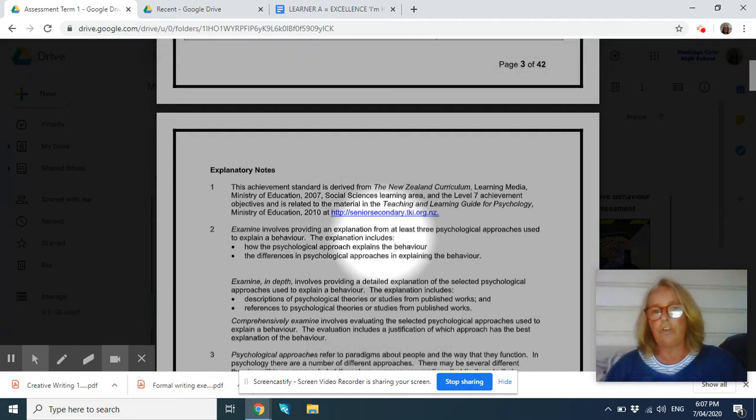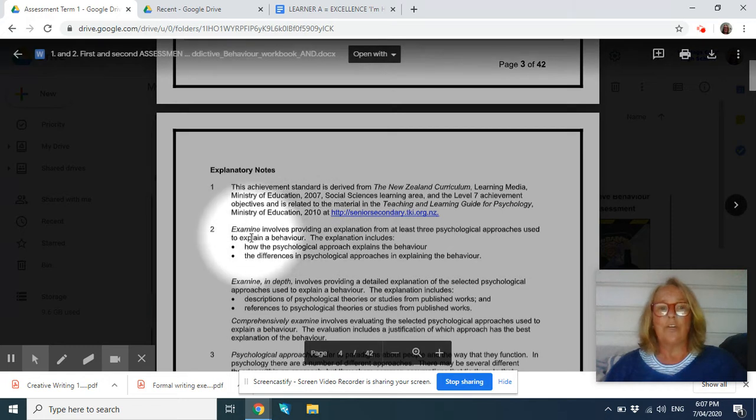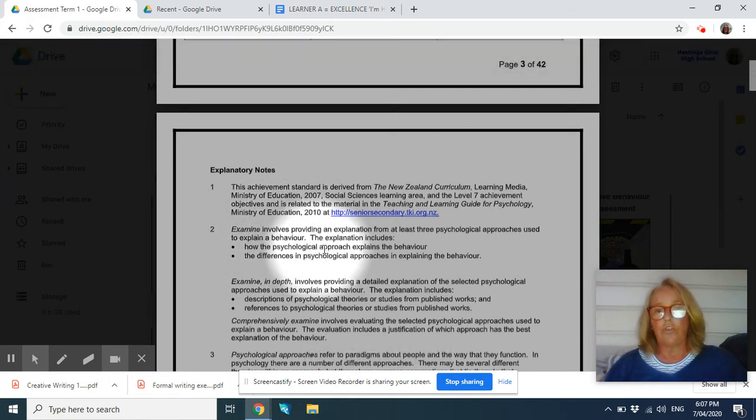So if you can examine different psychological approaches, which basically means that you can provide an explanation for at least 3 psychological approaches, you can give us the details about the psychological behavior and how it helps you understand alcoholism, drugs, shopping, etc. And you can show the differences in the way one might explain that behavior.